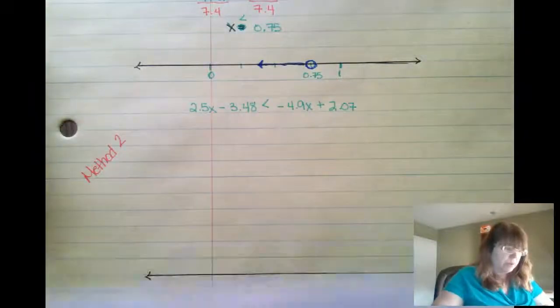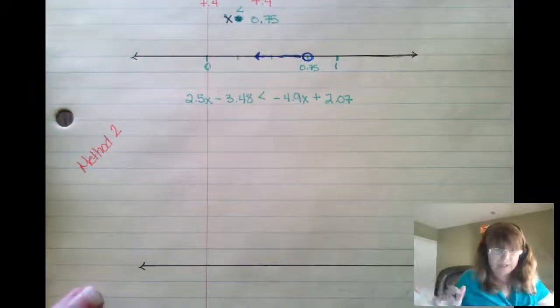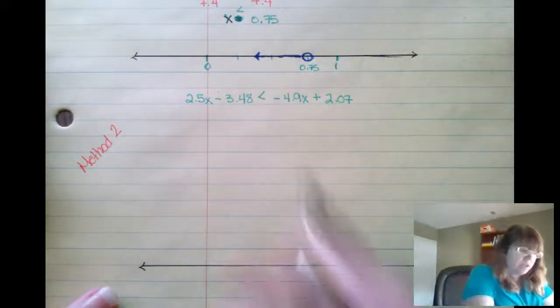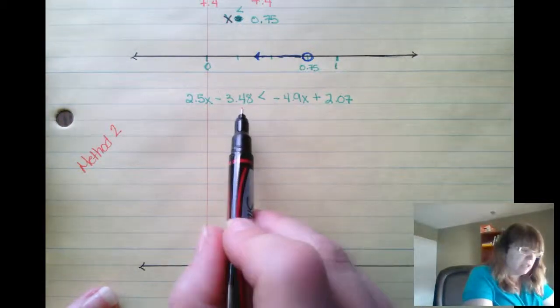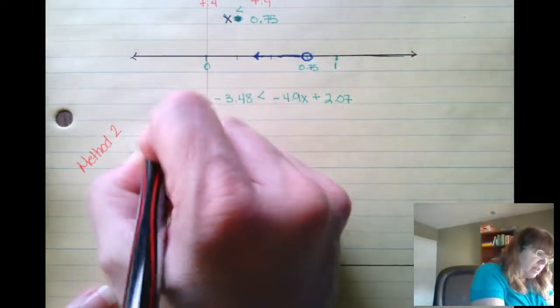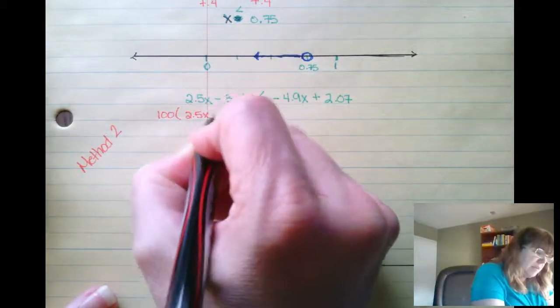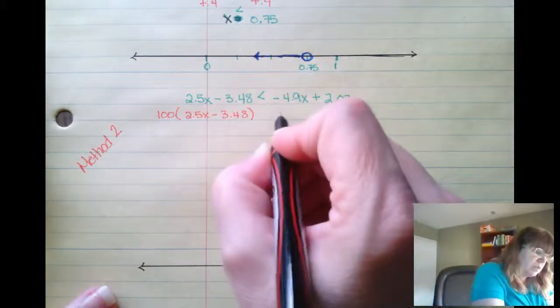Now method 2 is getting rid of all the decimals. So I'm going to multiply everything by 100 because I have 2 decimal places as the largest. So I'm going to multiply the right side and the left side by 100 just to get rid of the decimals.